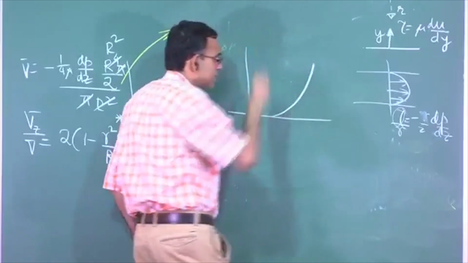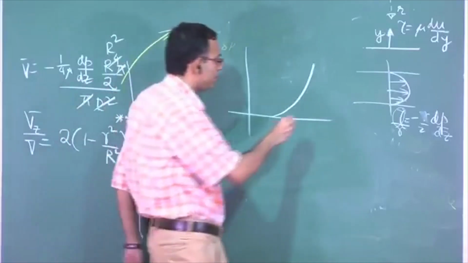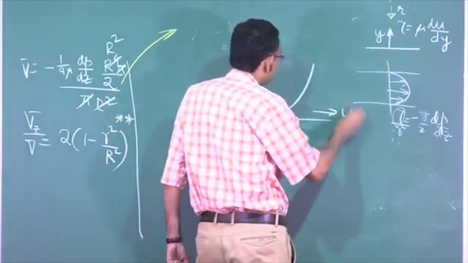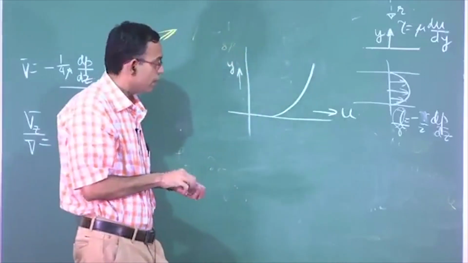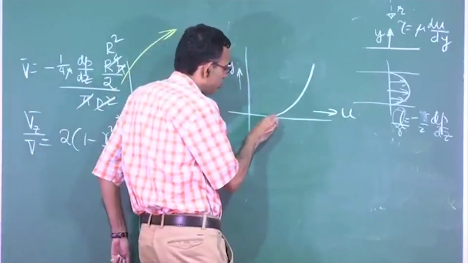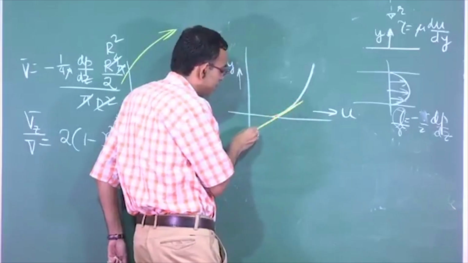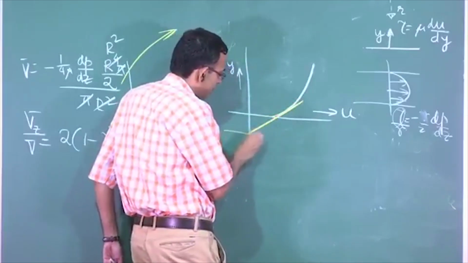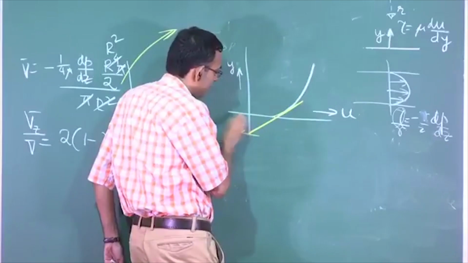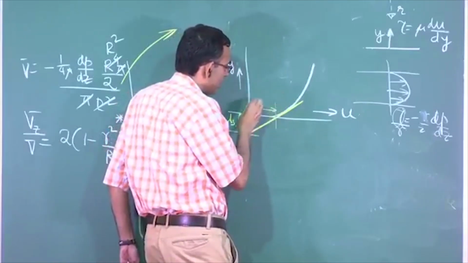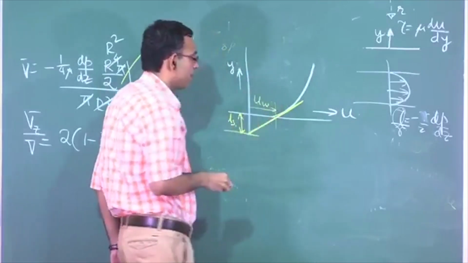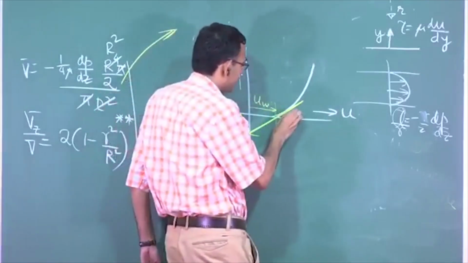So you have a velocity profile like this. Velocity profile means here you are plotting velocity, here you are plotting the distance from the wall. So you draw a tangent, this tangent meets here at Ls, this is the velocity of fluid at the wall, and let us say this angle is theta.